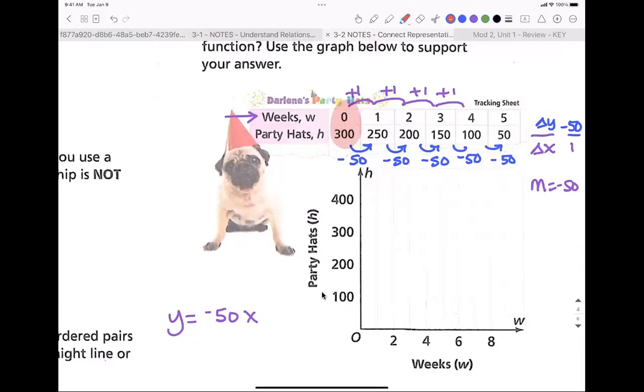When my X is 0, that's my beginning. 300. My beginning is 300 in this particular case. So that means I would graph it beginning at 300, and I would go down because it's a negative 50. I would go down 50 and over 1, down 50 over 1, and so on and so on, and I would get a nice straight line.